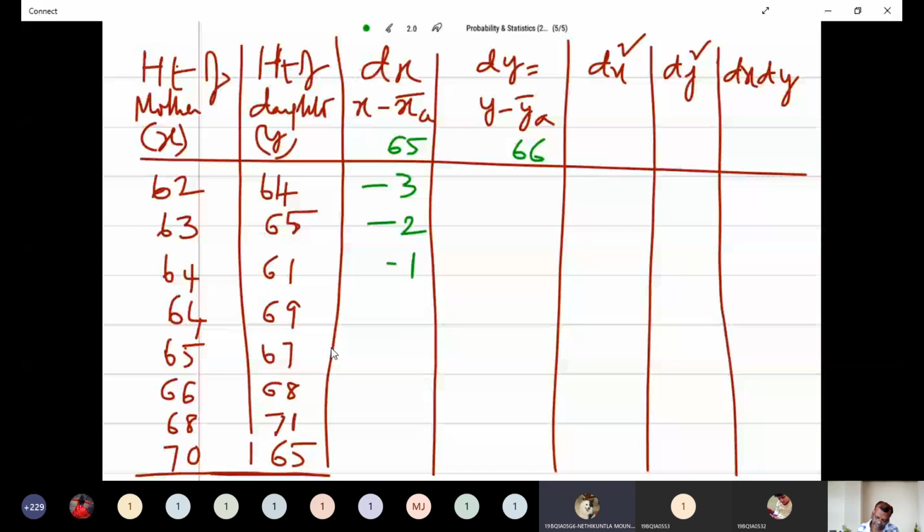Then minus 1, 1, 0, 1, plus 1, 3, 5. Now find the summation. 2, sir. That is 2. Okay.